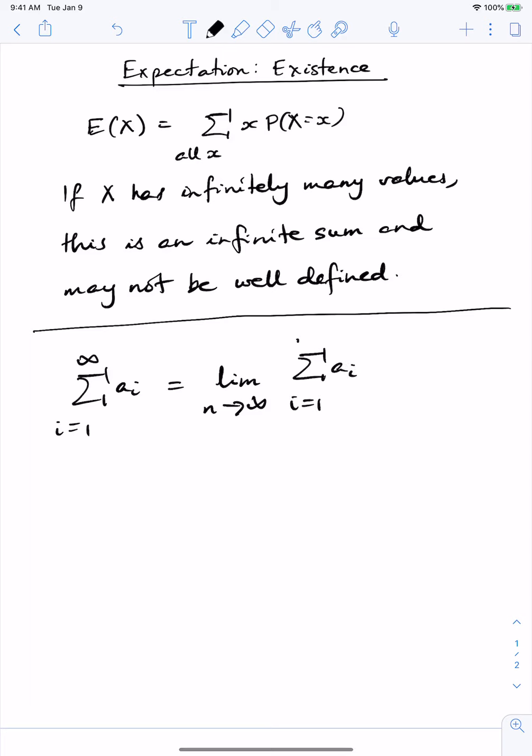So you add your terms, but you go to n. That's a finite sum, so that's a number. And then you go to n plus 1 and n plus 2 and so on. You just keep going. And if that thing on the right-hand side converges to a limit, then you have your infinite sum.